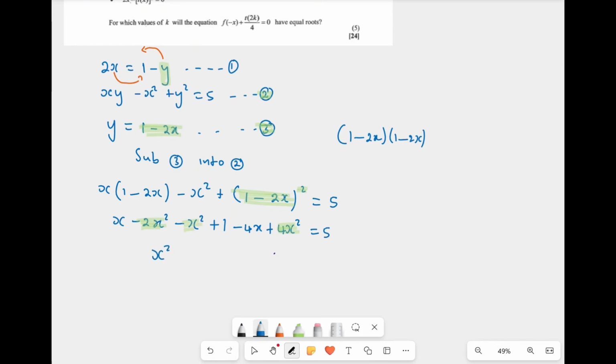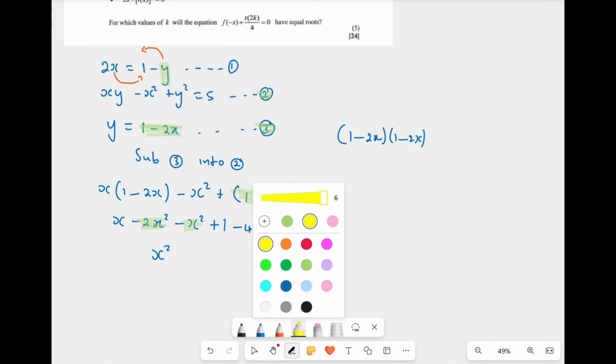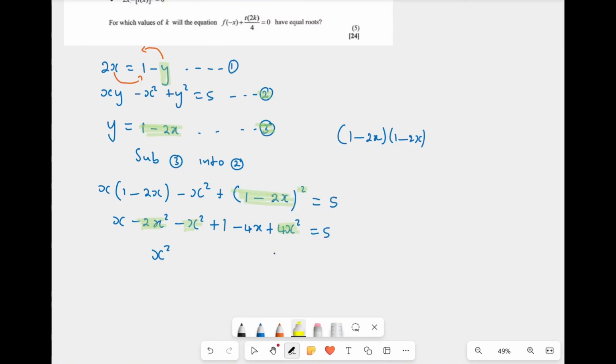So I have x squared, and then negative 4x plus 2x... negative 4x plus x, it will be minus 3x. So I have minus 3x, and then I also have 1. If I transpose 5, it will be 1 minus 5, which is negative 4. This is equal to 0.